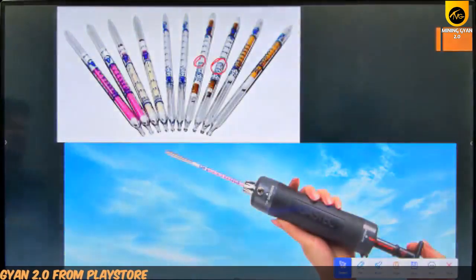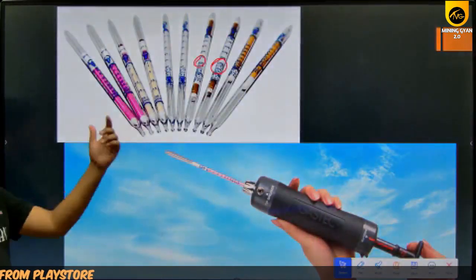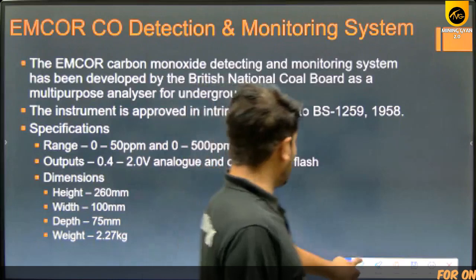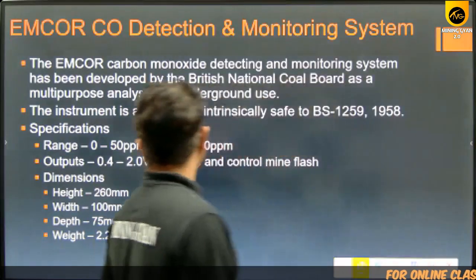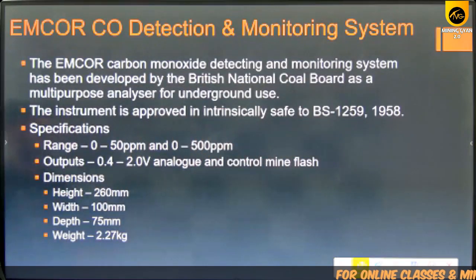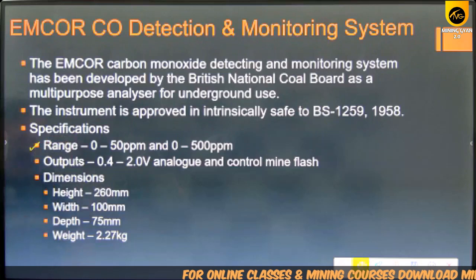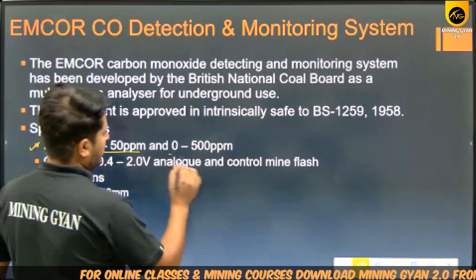These are the MSA detector tubes like Drager multi-gas detectors. Now, if we talk about the MCOR detection and monitoring system, basically you have to remember the specifications only. The range of this detector is 0 to 50 ppm and 0 to 500 ppm.